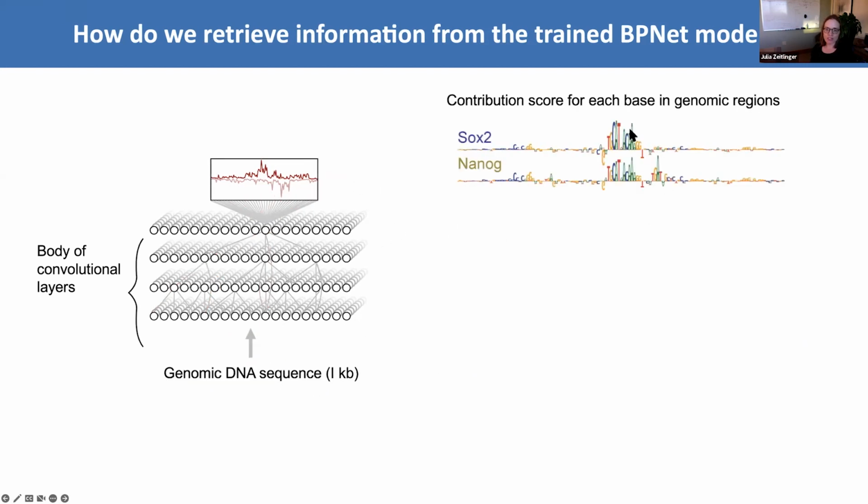For an individual region, it looks like this. This is just SOX2 and NANOG binding, and we can immediately see the bases that are important and form these motifs. This is in fact an OCT-SOX motif, and we can see that SOX2 is dependent on it. But also NANOG, even though it doesn't bind this motif, really depends on it.